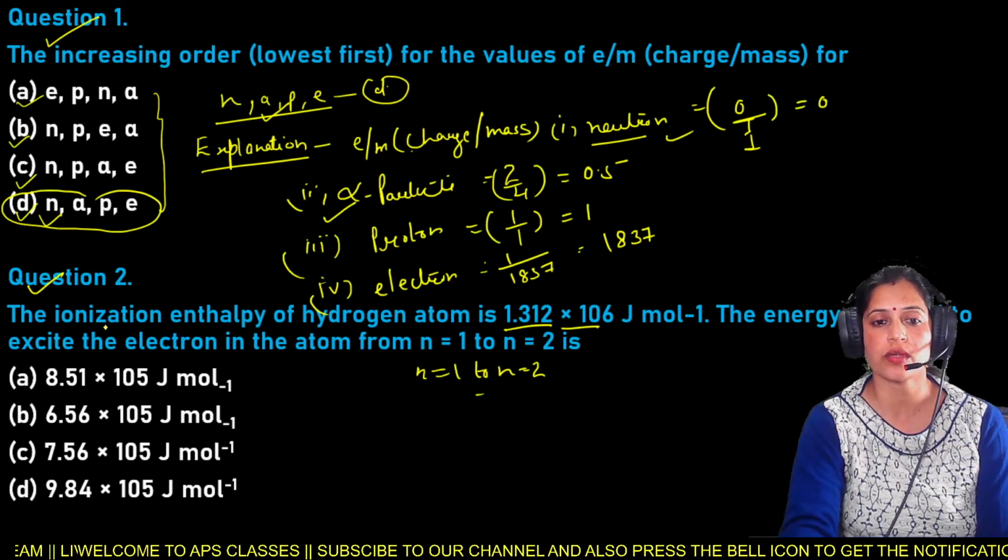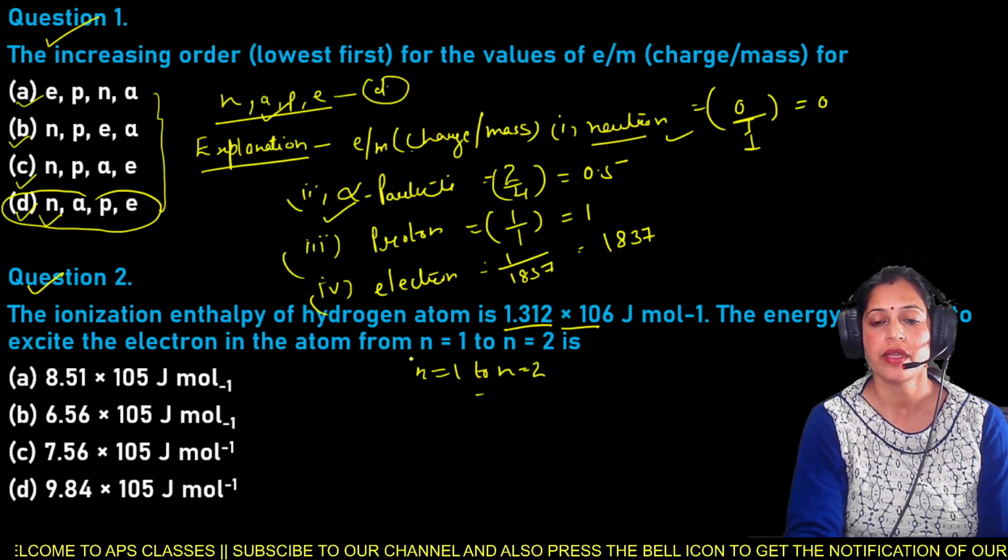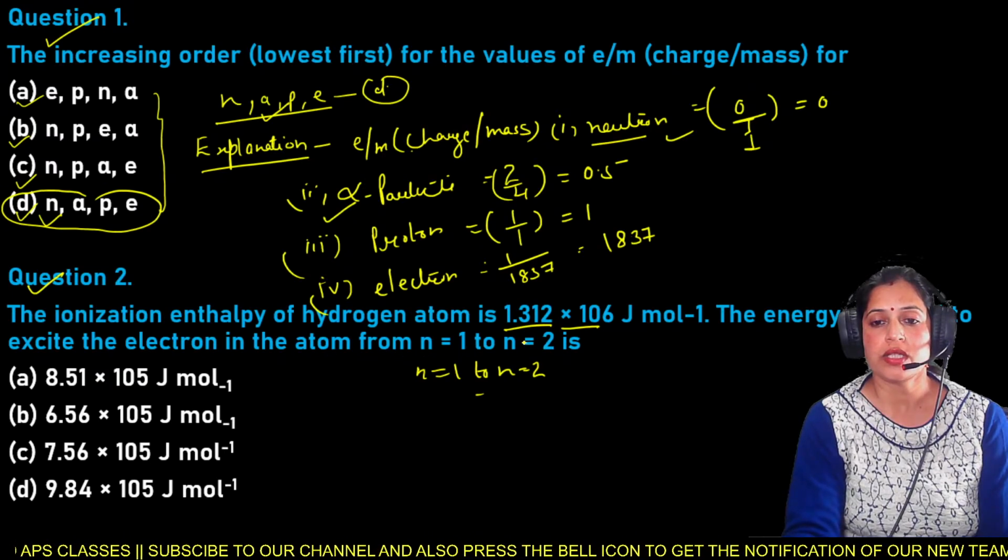Then the energy required to excite the electron in the atom from n equal to 1 to n equal to 2 is?